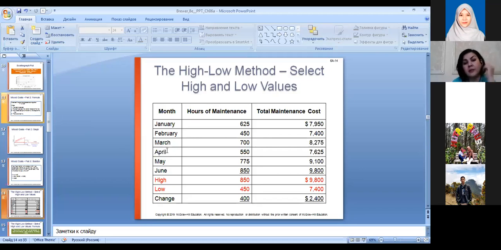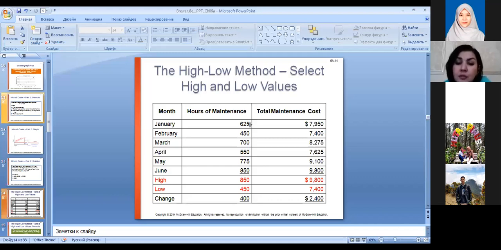Look at this data in the table given. We have months, January, February, March, April, and so on, and during these months we have hours of maintenance used. January 625 hours have been used, in February 450, March 700, April 550, and in June 850.